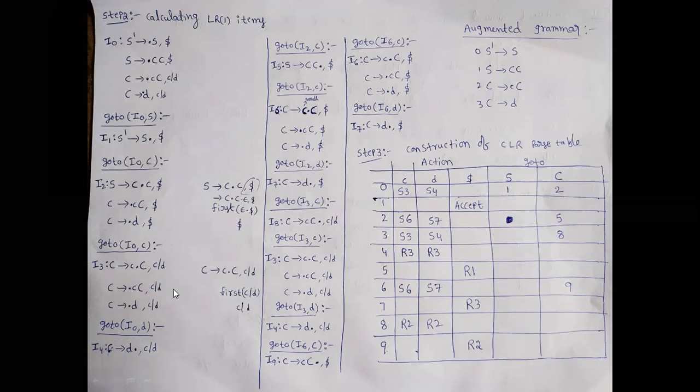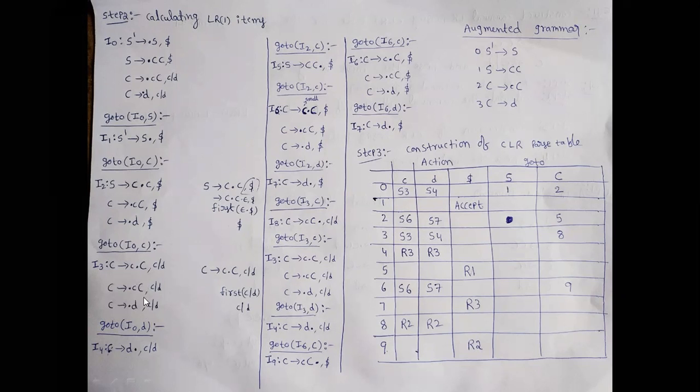No. Okay, right. Then after the dot we have a terminal, another terminal D. Then we are applying the goto function on this terminal, goto of I0 comma small d. The dot is moving one position to the right.